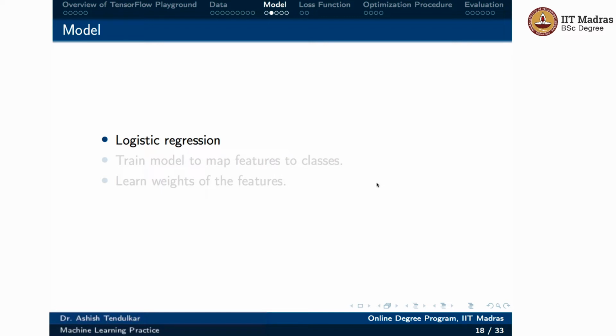So we need to use a classification algorithm, and the basic classification algorithm is logistic regression, which we'll be using for this demonstration. And as you know, the model maps the features to the classes, and here we are interested in training the model such that it maps features to the classes as accurately as possible. In other words, we are interested in learning weights that are given to the features by the model.